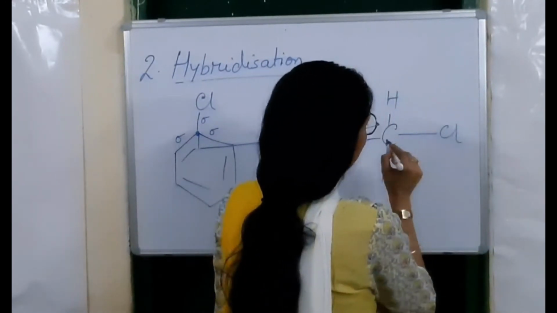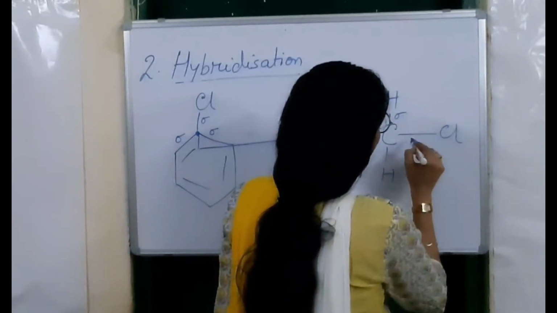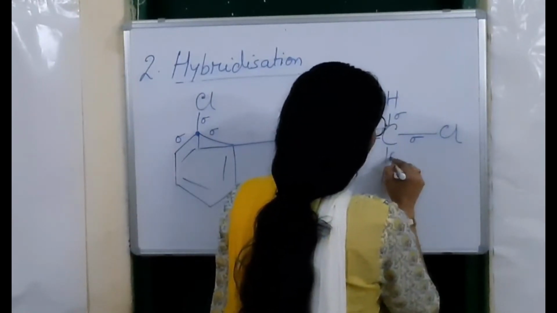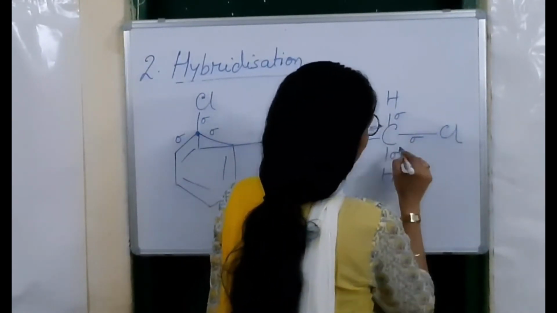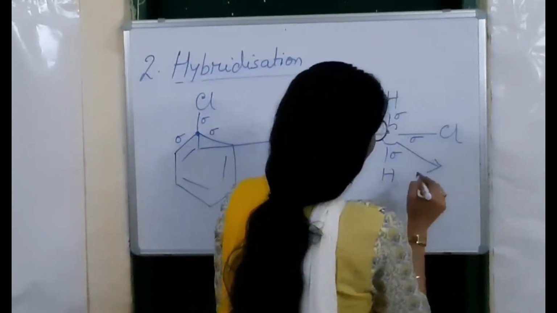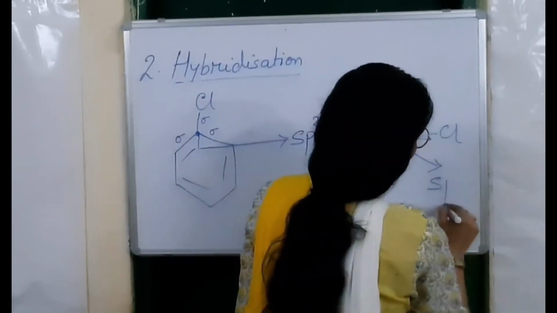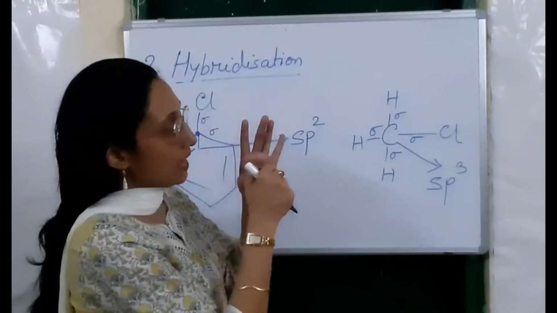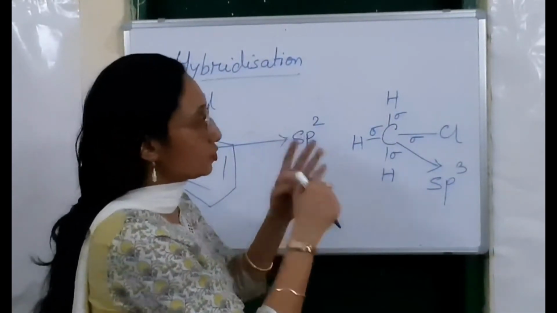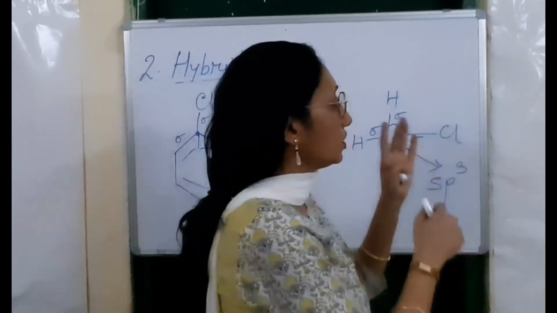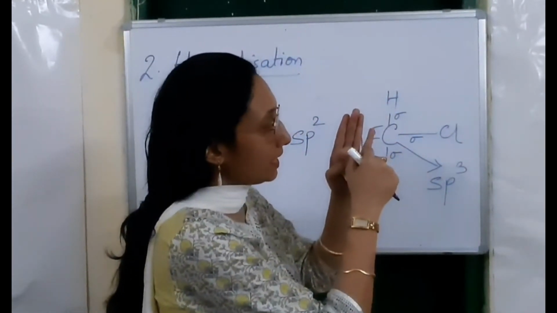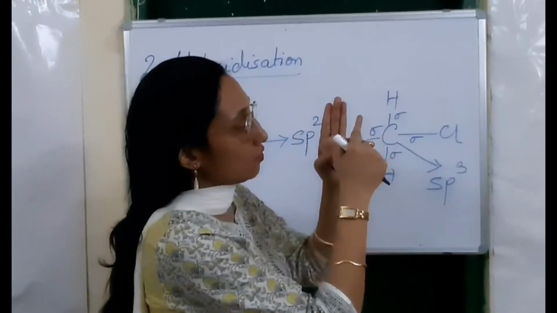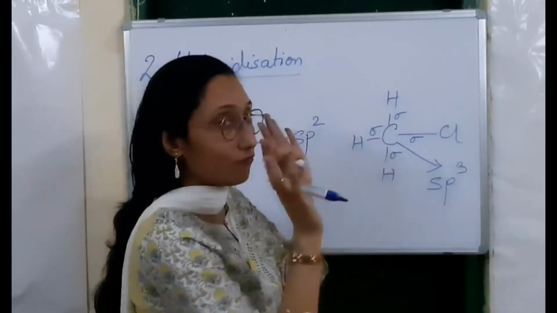Here how many sigma bonds? 1 sigma, 2 sigma, 3 sigma, 4 sigma. So the state of hybridization of carbon here is sp3. 3 sigma bonds, so sp2. Here 4 sigma bonds, so sp3.